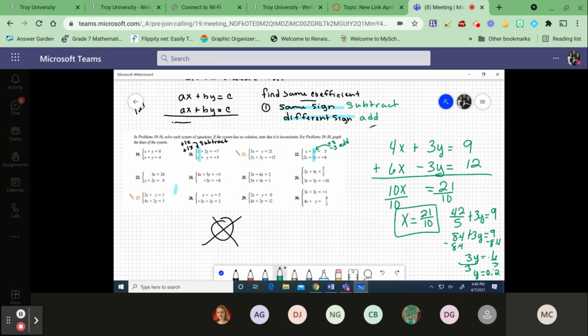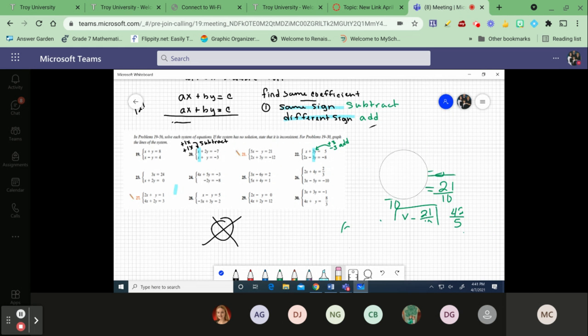So I have 21 over 10 and 1/5. So much for trying to do one more easy one before we get moving. All right, so when I move on to the next ones, like problem 24, let's go 25.